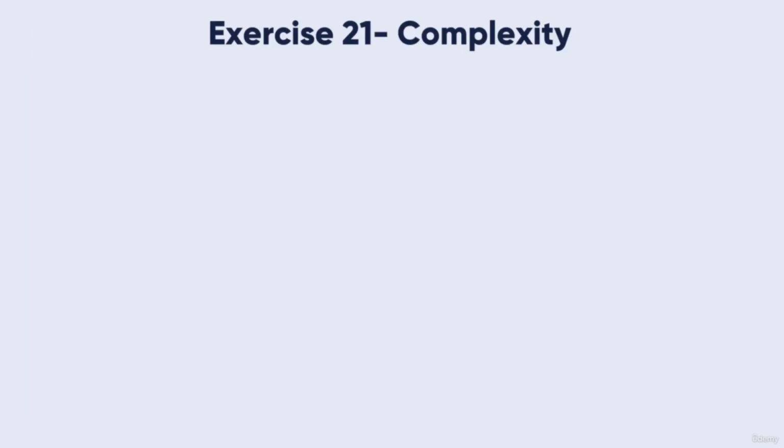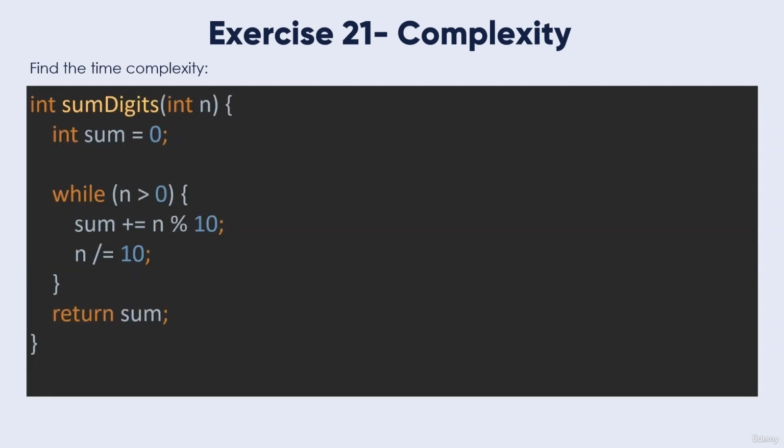Okay. Hello, my friends, and welcome to exercise number 21. In this exercise, we are asked to find the time complexity of the function sum digits. This function takes in a parameter int n and returns the sum. So what is the sum? It is the sum of the digits of the number that you entered, and it will calculate the log.